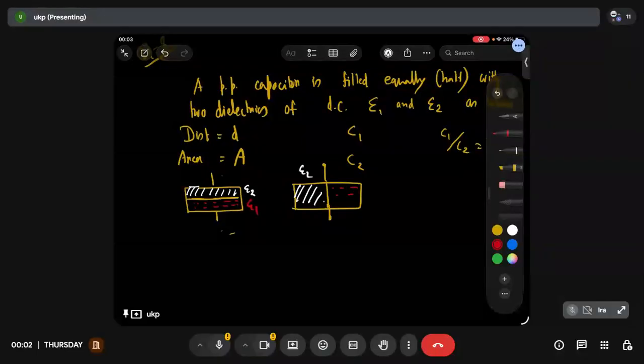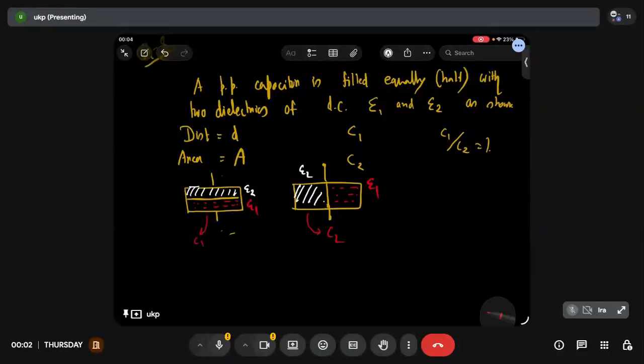Clear? Chalo, solve it. First figure ke corresponding, the capacitance corresponding to this figure is C1, the equivalent capacitance corresponding to this figure C2. You have to tell me the value of C1 by C2. Obviously epsilon 1 epsilon 2 के term में answer आएगा. Again cakewalk problem for us. Or epsilon 1 epsilon 2 by epsilon 1 plus epsilon 2 whole square. Anyone else?